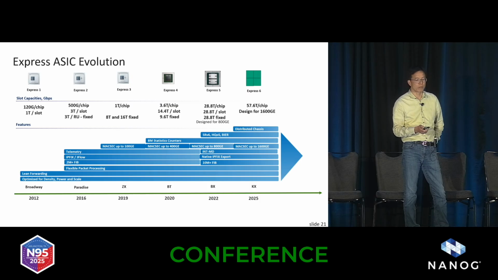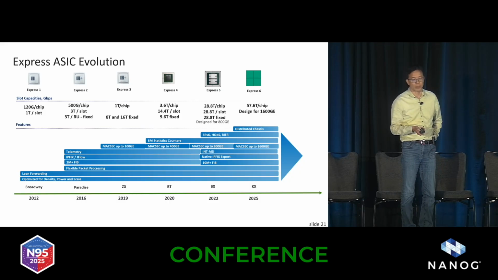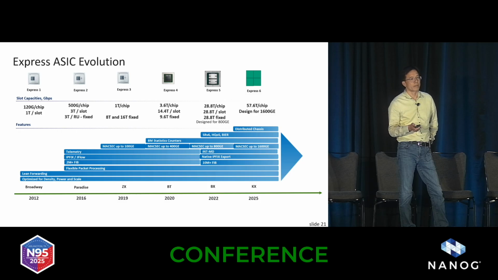This single chip can power a fixed form factor with 28.8T. And of course, we are building the next gen, where performance will be 57.6 terabit per second, and Ethernet will support 1.6T per port.